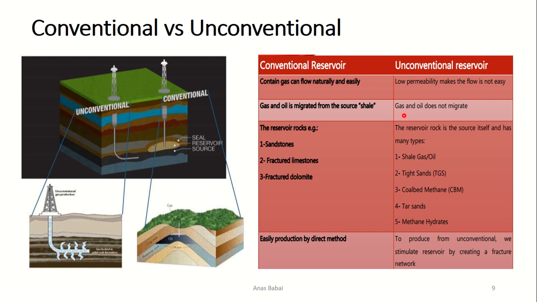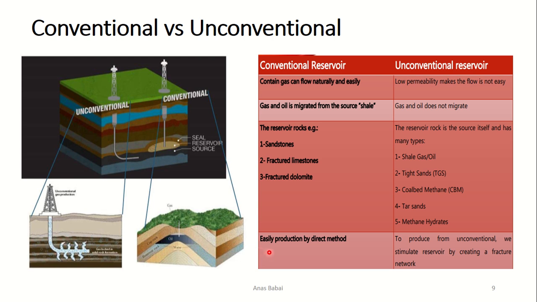Here in unconventional reservoirs, gas and oil do not migrate. In conventional, reservoir rocks are sand, fractured limestone, or fractured dolomite. In unconventional reservoirs, we have shale gas, shale oil, tight sand, coal bed methane, tar sand, or methane hydrates.